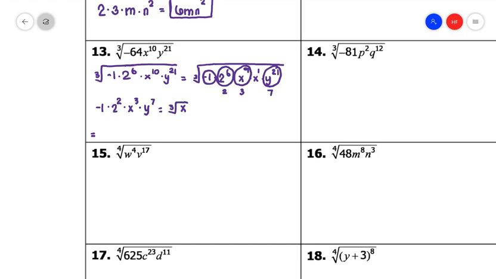So I'll rewrite that by multiplying out the coefficient on the front. And so we have negative 1 times 2 squared, which would be negative 4. And then x cubed, y to the 7th, cube root of x.